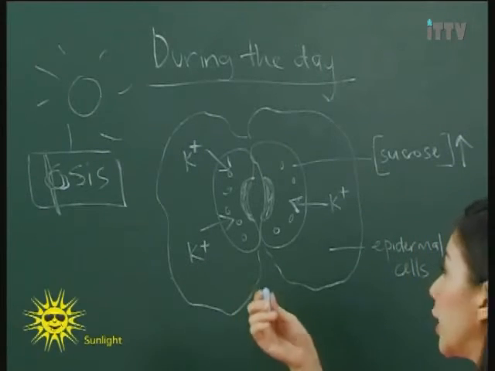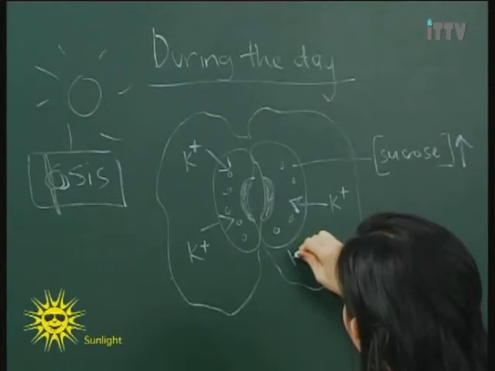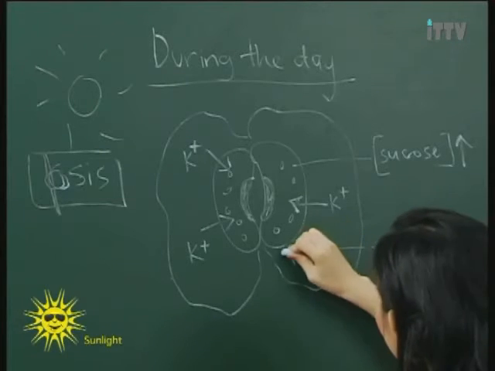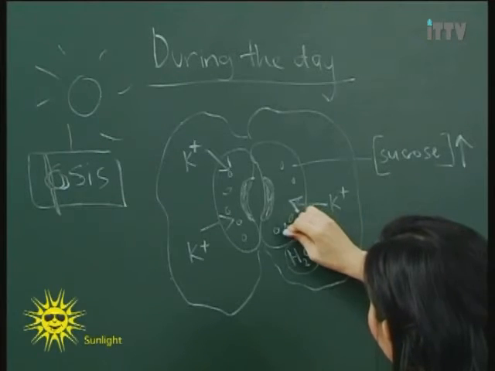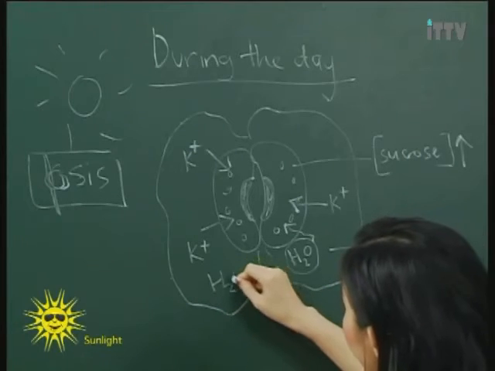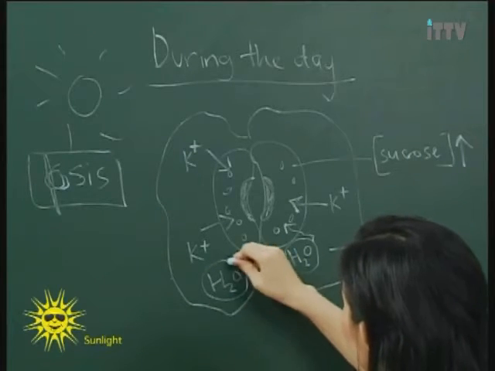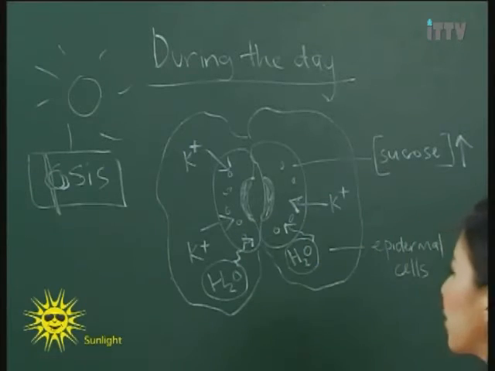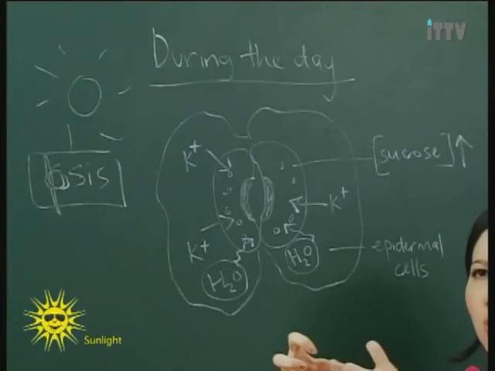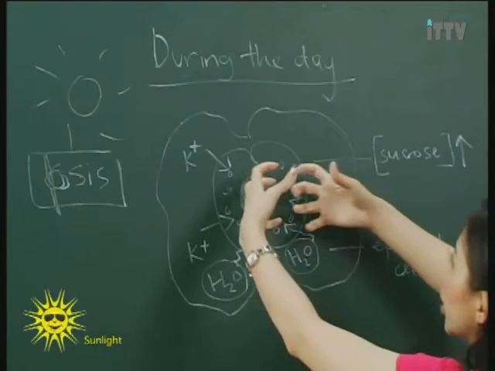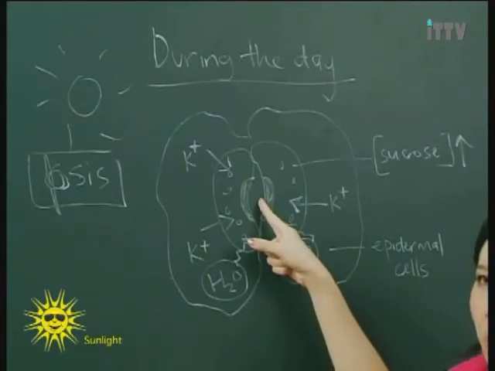Perhaps I'll use blue color to show water. So water molecules in the epidermal cells will move in as well. Okay, water molecules in the epidermal cells will also move in to the guard cells. Because it's full with water, it becomes very turgid, and when it's turgid, the stomata pore opens.